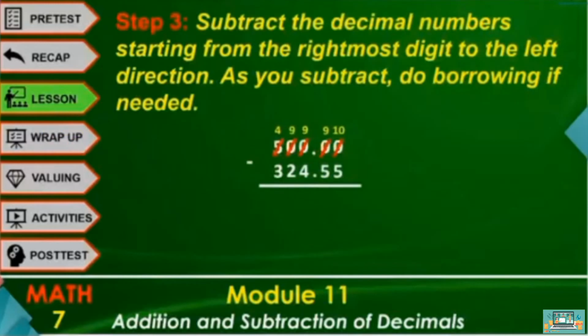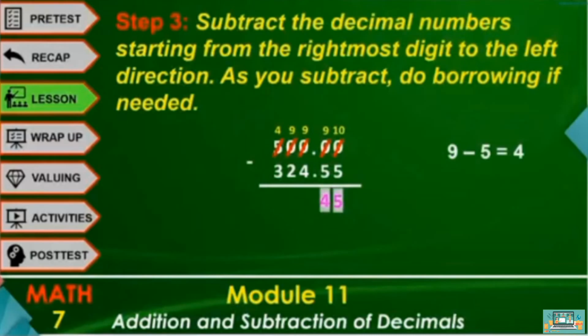So here, 10 minus 5 is equal to 5. So bring down 5. Since we borrow 1 from the second zero, instead of 10, we will write 9. Therefore, 9 minus 5 is equal to 4.